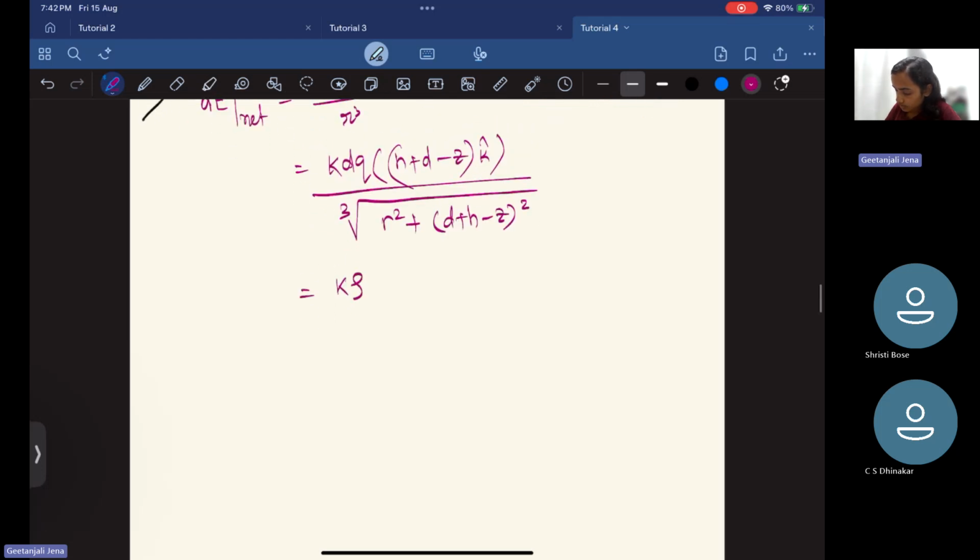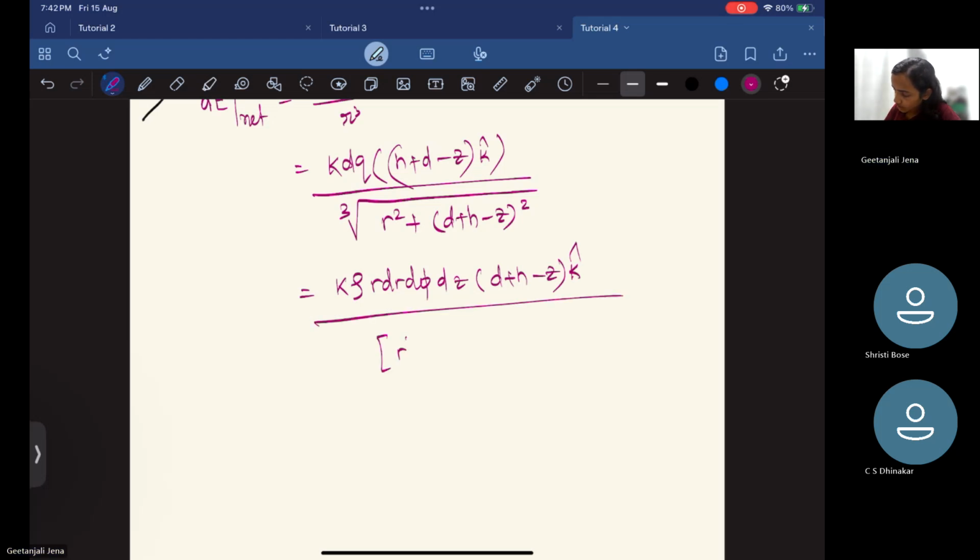So rho dv is r dr d phi dz, giving d plus h minus z k cap over r square plus d plus h minus z square to the power 3 by 2.